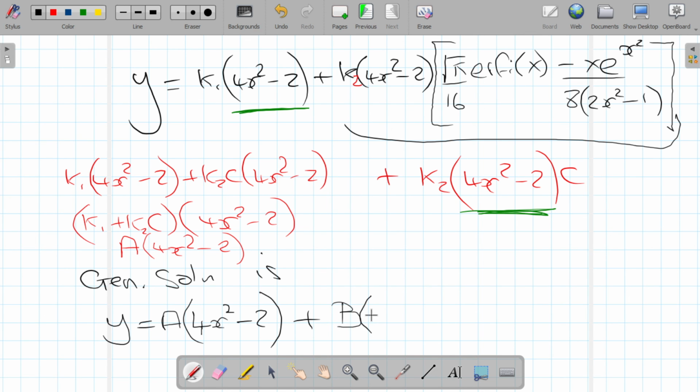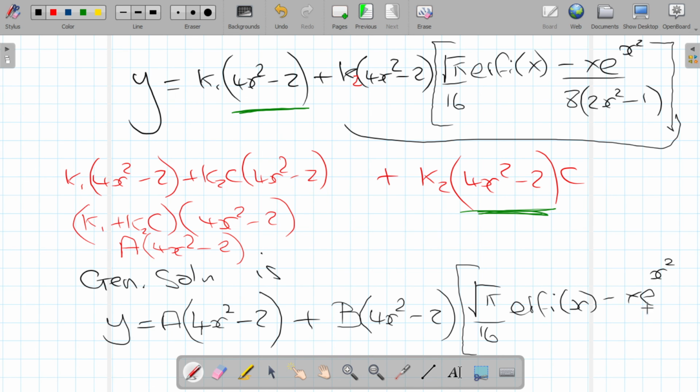So we've got b times 4x squared minus 2 times, in brackets, root of pi over 16, imaginary error function of x, minus x e to the x squared over 8 times 2x squared minus 1 and close brackets.